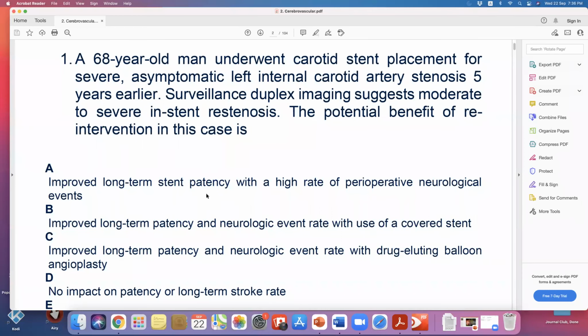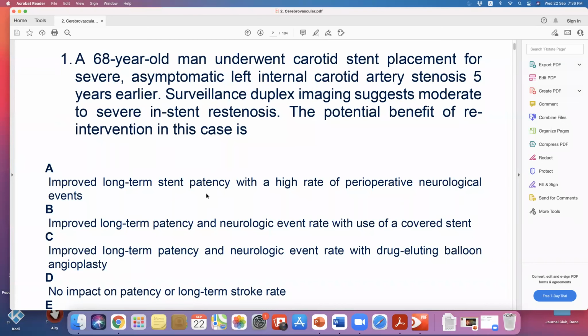A 68-year-old man underwent carotid stent placement for severe asymptomatic left internal carotid artery stenosis 5 years earlier. Surveillance duplex imaging suggests moderate to severe in-stent restenosis.